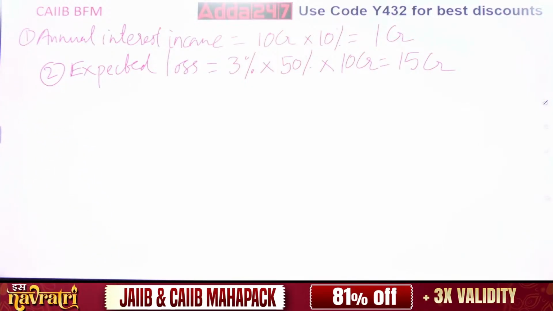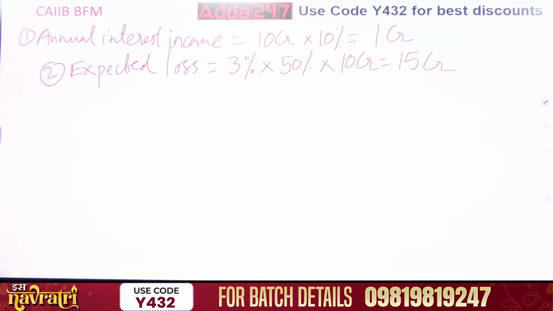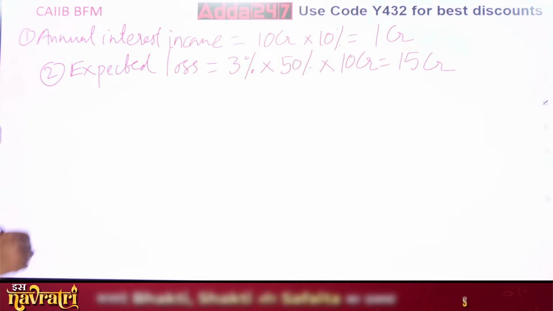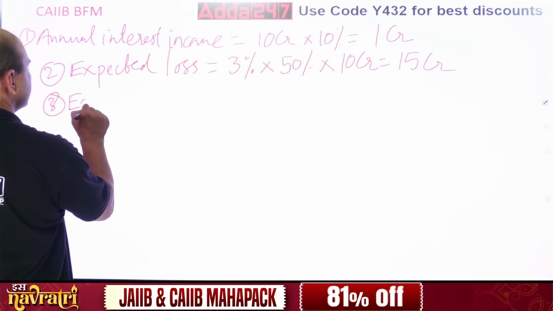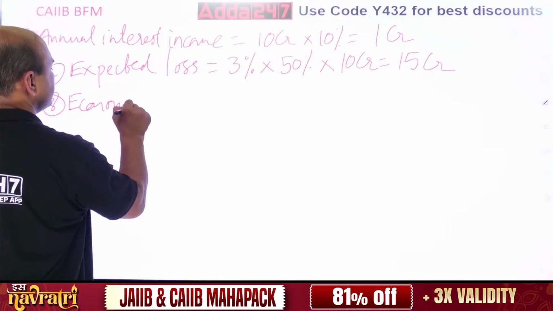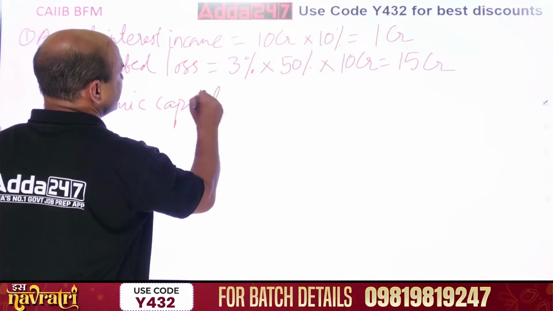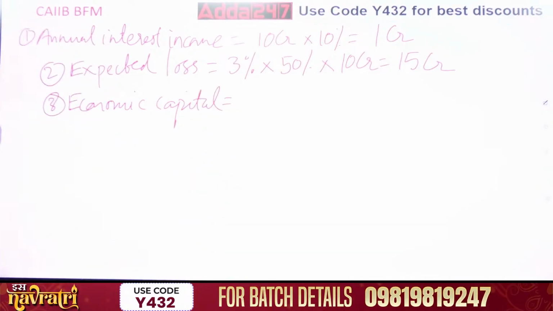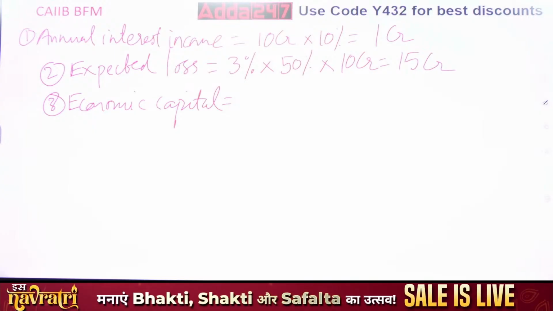Expected loss. Now economic capital. What is the economic capital given? Economic capital is always calculated. Very important term. Economic capital is given as what? 12%, I think so. 12% into what? That loan amount.